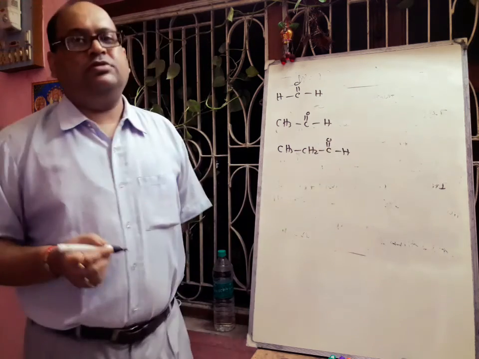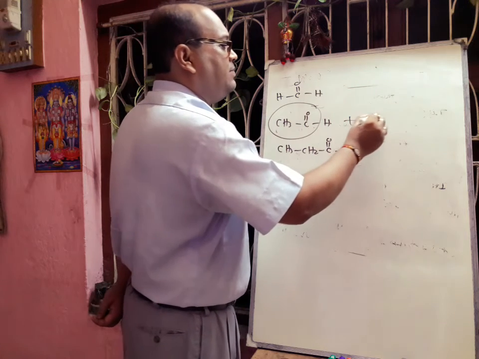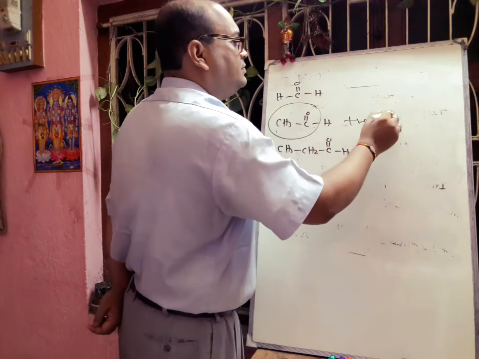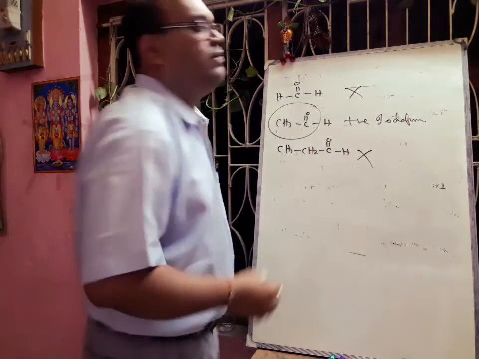In these three compounds, which one has a ketomethyl group? This one has a ketomethyl group, so it will give the positive iodoform test, and this will not give the iodoform test.